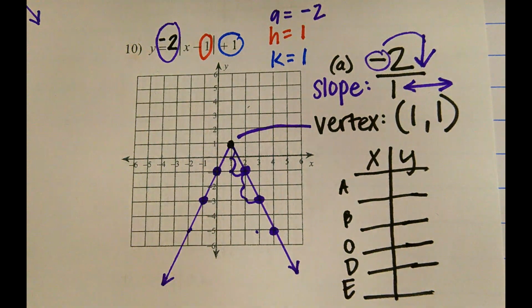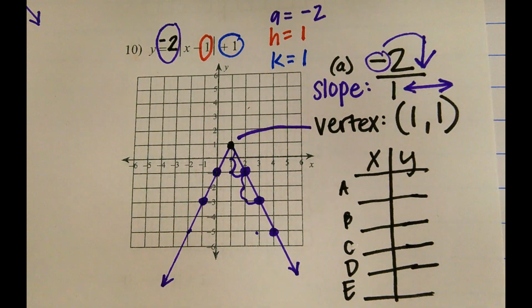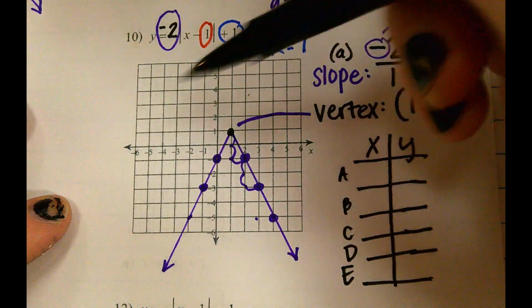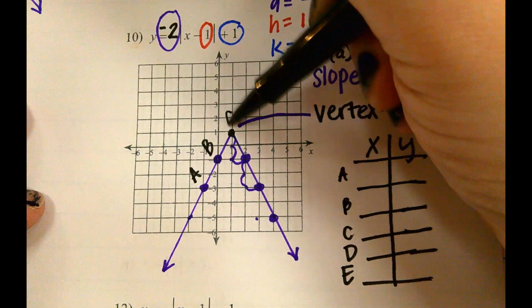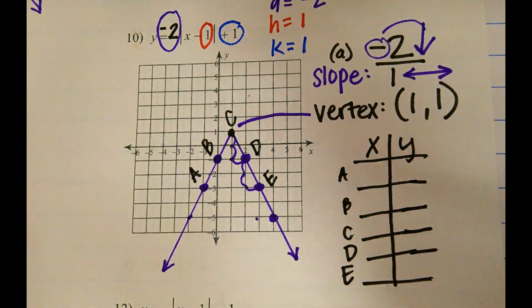It's supposed to be a C. Okay. So I will call this my point A, point B here, point C, D, E.